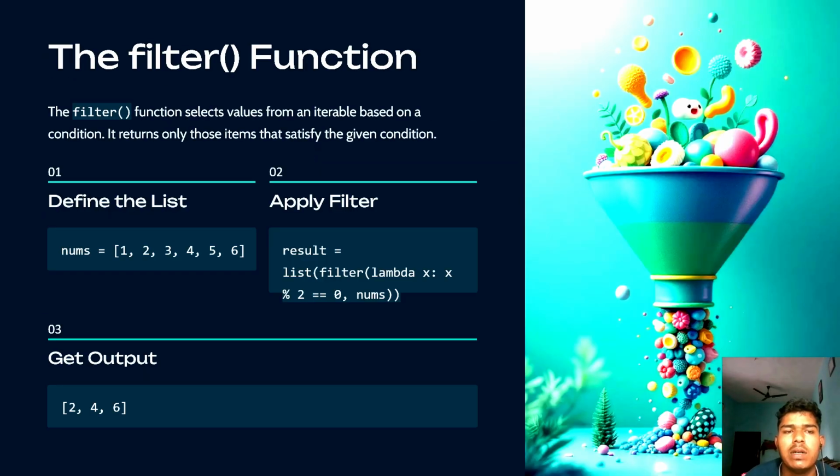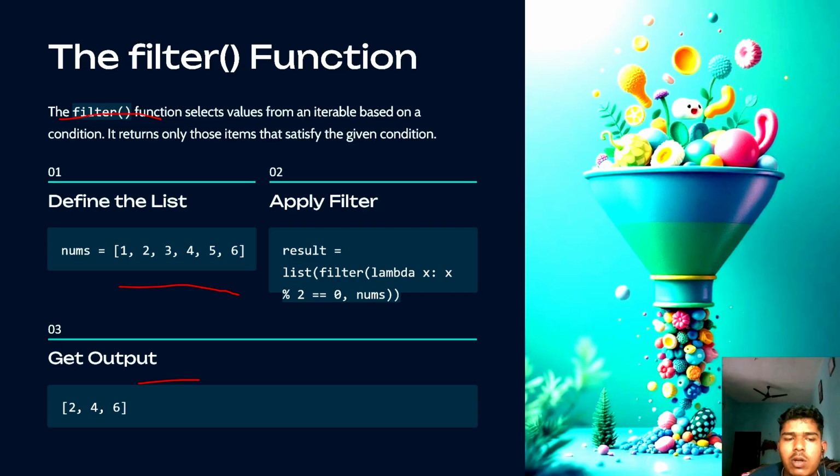The next one is the filter function. The filter function selects values from an iterable based on a condition, so it returns only those items that satisfy the given condition. So nums is equal to [1, 2, 3, 4, 5, 6], result is equal to list(filter(lambda x: x % 2 == 0, nums)).